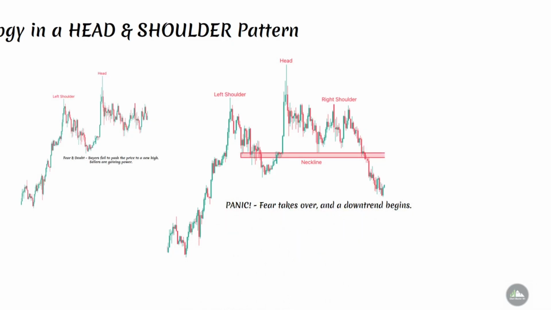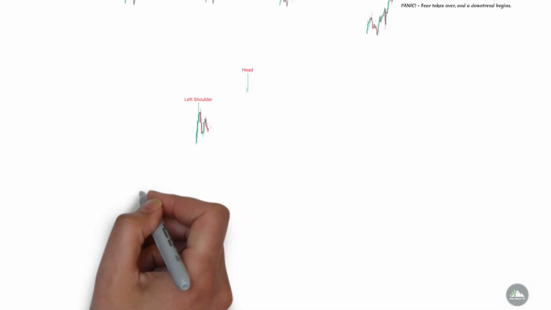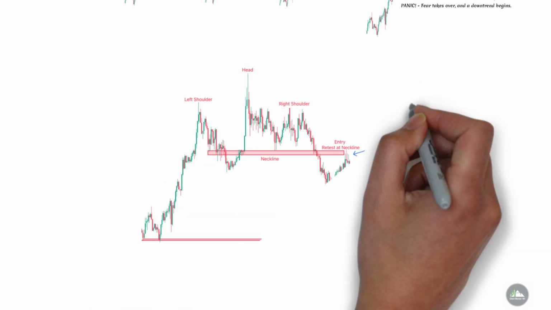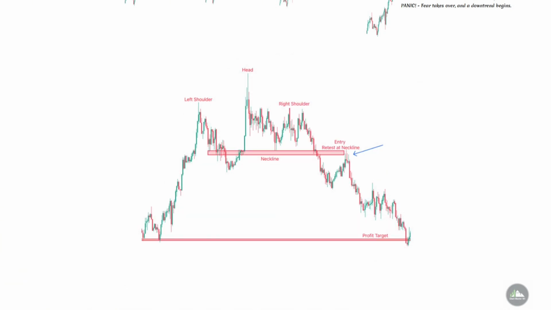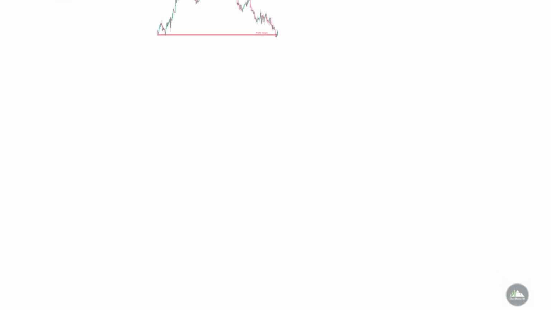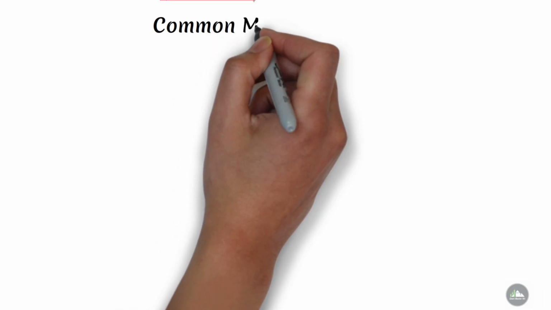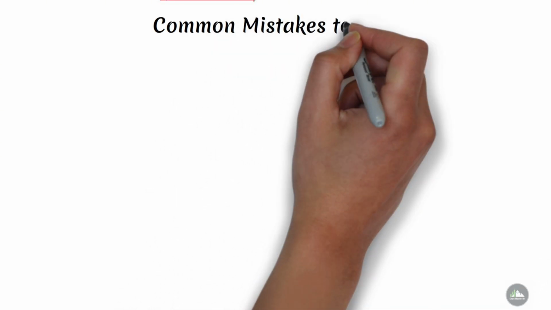Panic and fear take over and a downtrend begins. In this last example, we see how it all came to be a downtrend. So don't be fooled by how the market plays with your psychology.